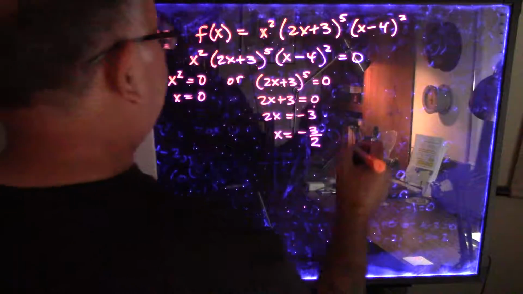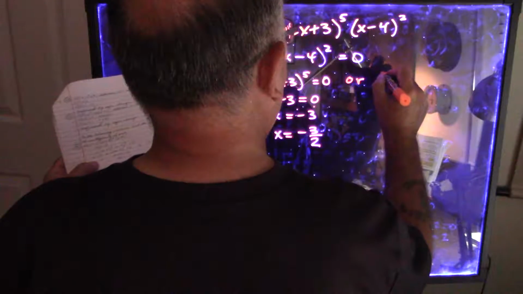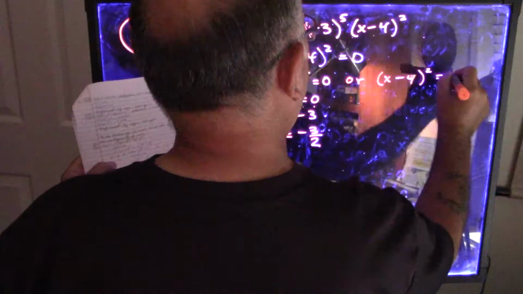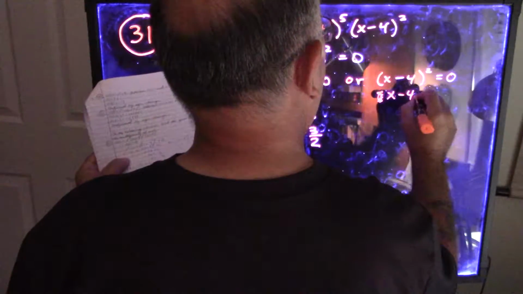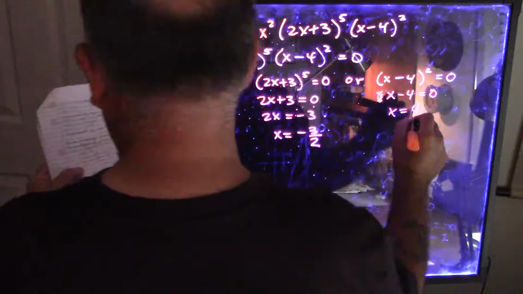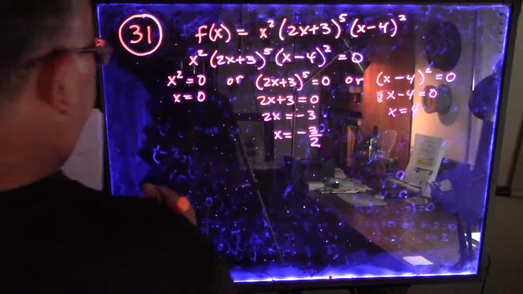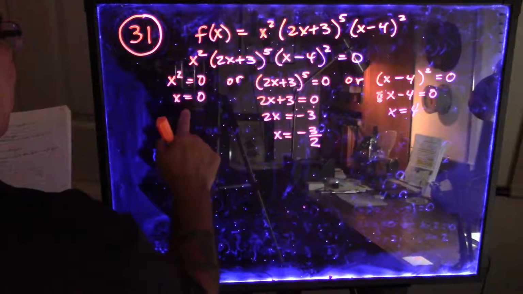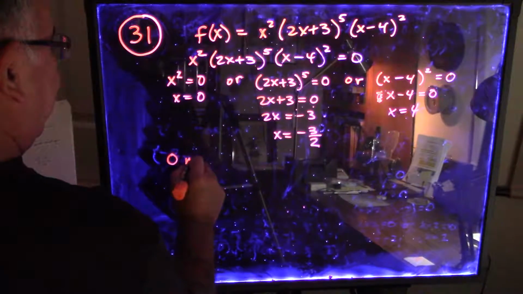Okay, and over here x minus 4 quantity squared equals 0, and that means x minus 4 must equal 0, and so x equals 4. So since we have a power 2 here, x squared equals 0, that means we have a root 0, multiplicity 2.